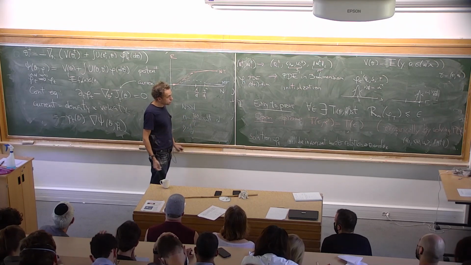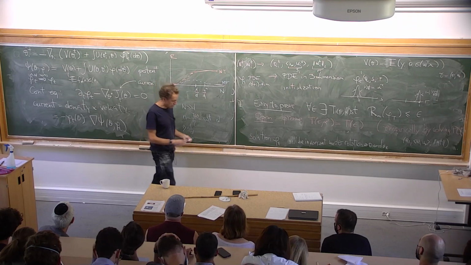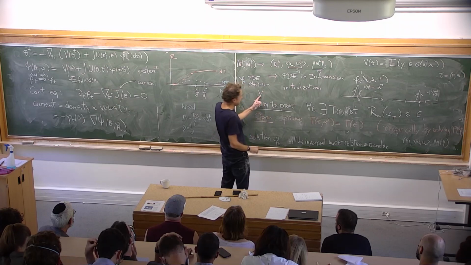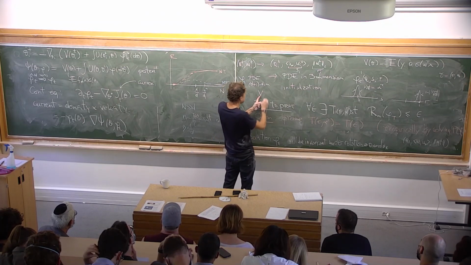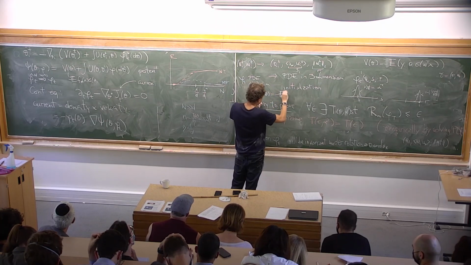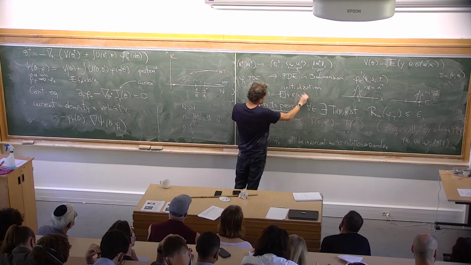Okay, so that's a good question. Actually, the PDE you can write in the batch case, except that then what matters is not, for instance, V(theta), that is again minus E of y sigma of x and theta.